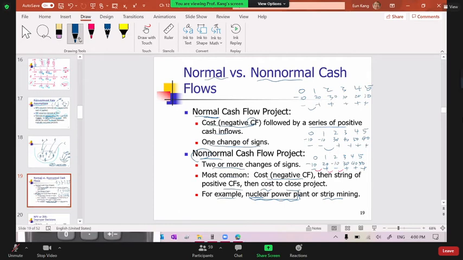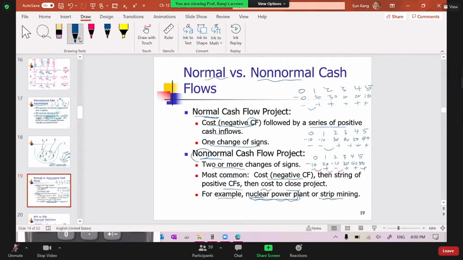And then at the end of the project, you have to handle the nuclear waste. There is radioactive, very dangerous, lots of cost to get rid of radioactive materials, right?